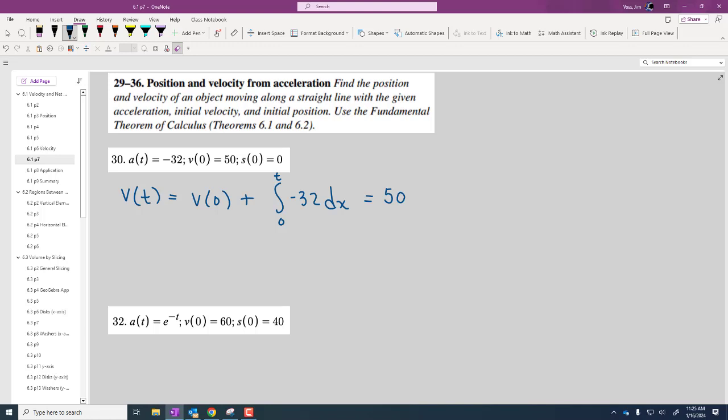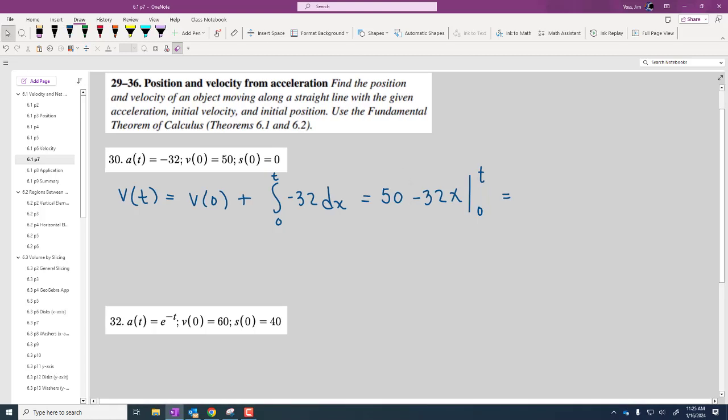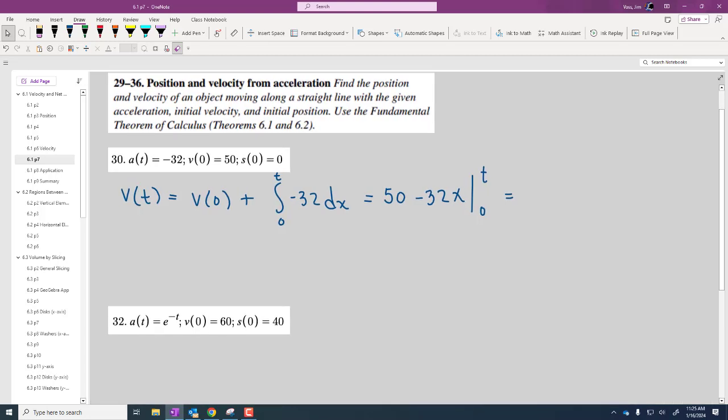Then we integrate this, and when we integrate this, we get negative 32 times x from 0 to t. If we plug in 0 here, we get 0. If we plug in a t, we get negative 32t.